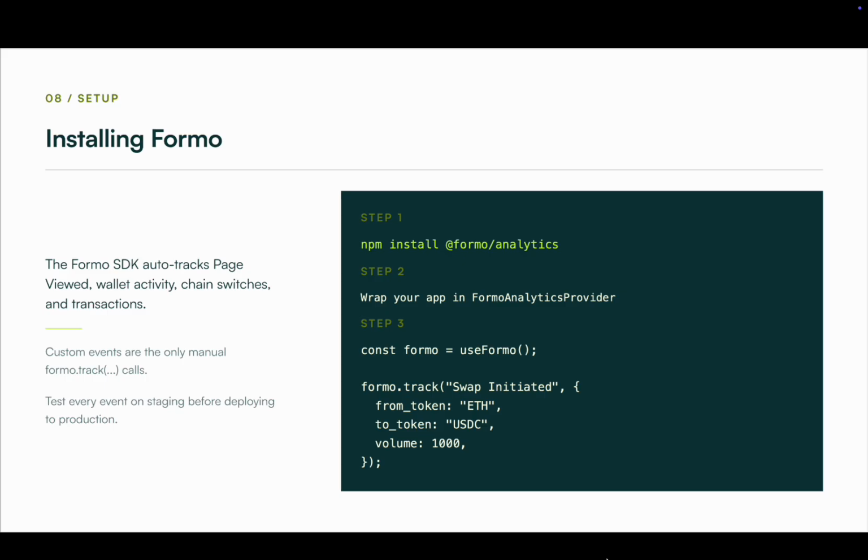Install the package, wrap your app in the Formo Analytics provider, and then call the useFormo hook wherever you need to fire a custom event. For example, you might manually track swap initiated and include properties such as the tokens involved and the transaction volume. Test every event on staging before deploying to production. A single misspelled property name on a P0 event can corrupt weeks of funnel data.